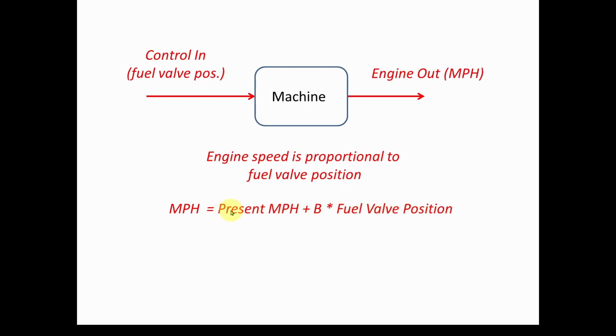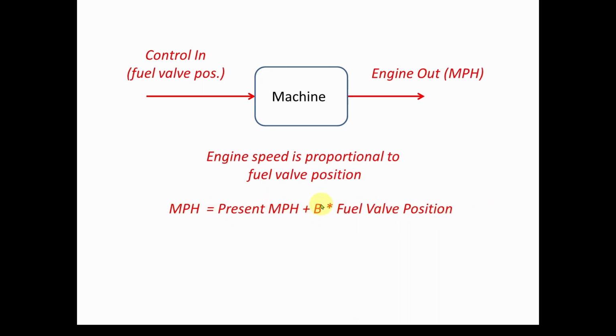So if present speed is 0, and the fuel valve position is at maximum, it doesn't take a rocket scientist to guess that the future MPH is going to be more than what it is now. We don't know exactly how much, but it's going to be the present speed plus some factor to add from it. So this is a really, really important equation.